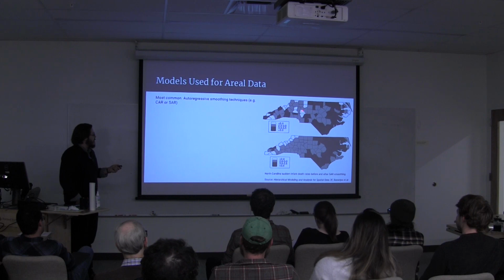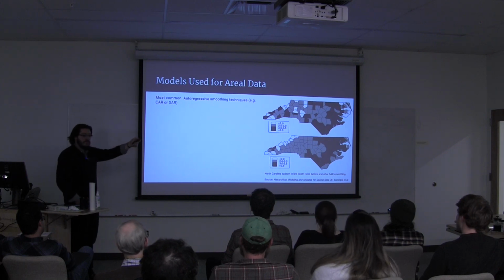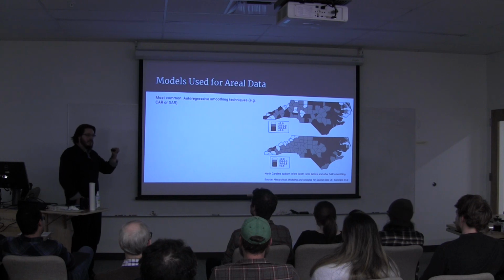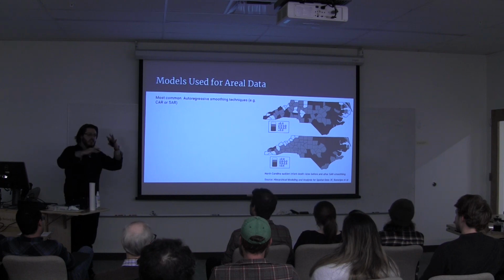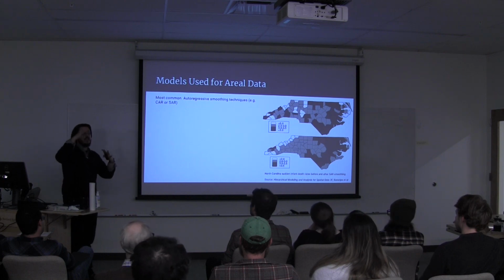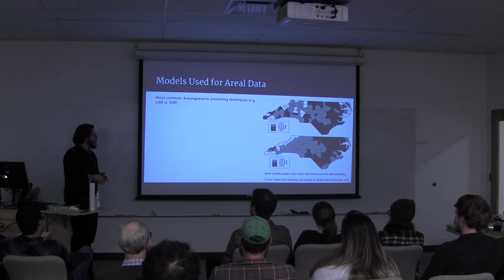So the idea is that you could take areal units and average each value with its neighbors' values and inform the response that we're looking at by its neighbors. And that's based on this assumption of spatial dependence. You can think of that as taking a very jagged histogram and evening it out a little bit. And it really helps being able to see the general trends.